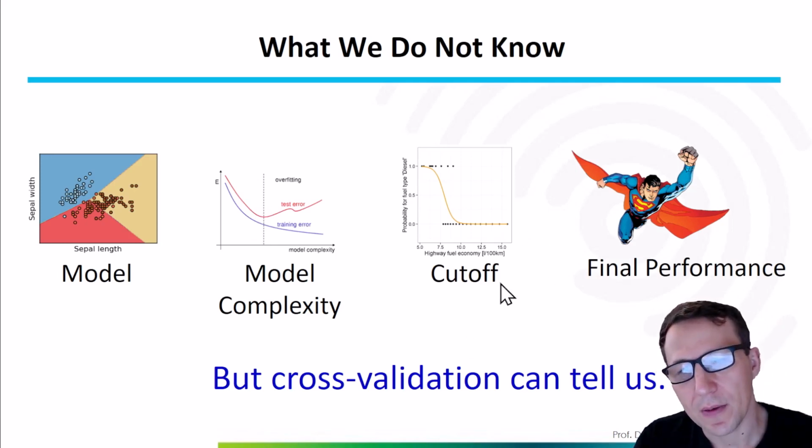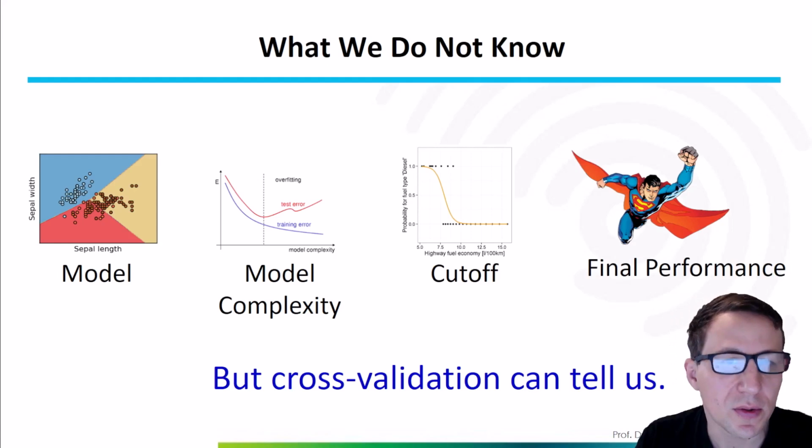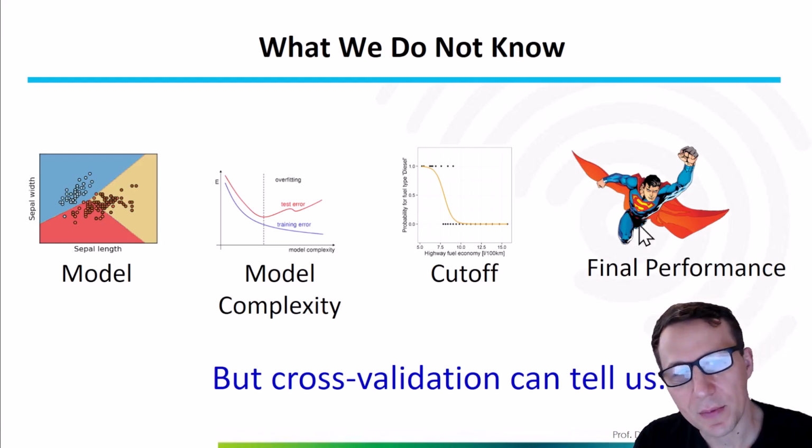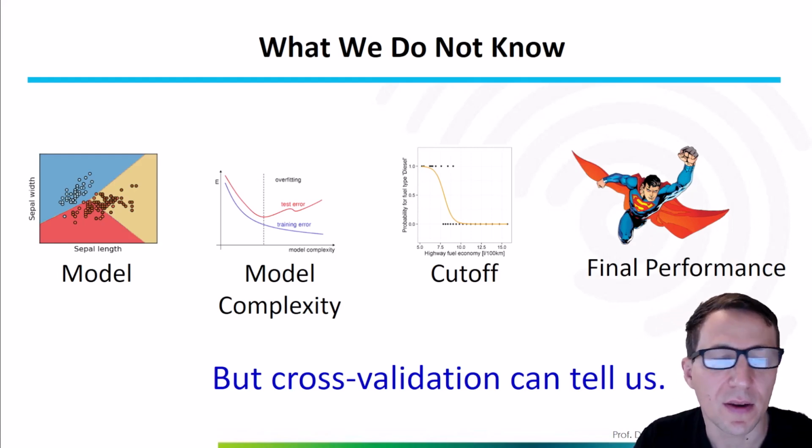Then when we want to optimize the cutoff for optimizing sensitivity and specificity, we can also do this using cross-validation. And at the end, we need to know how good our model will perform on unseen data. So this can also be done using cross-validation.